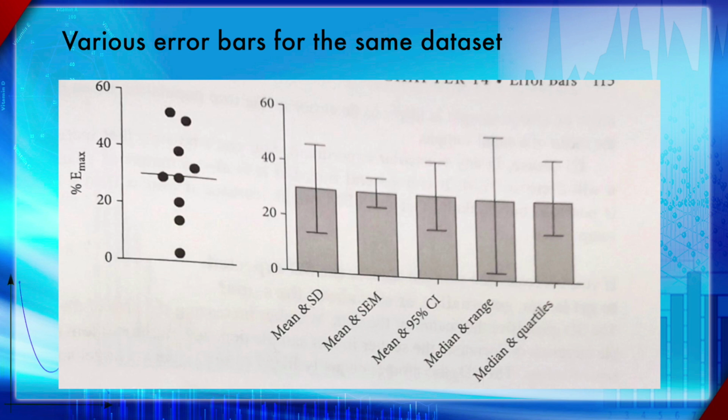Now, coming to the third one, that is the 95% CI. As I told you, the 95% CI is almost twice the SEM, so it is quite wide. If the 95% CIs of the two groups overlap, what does that mean? It means nothing, again. The 95% CI usually overlaps.